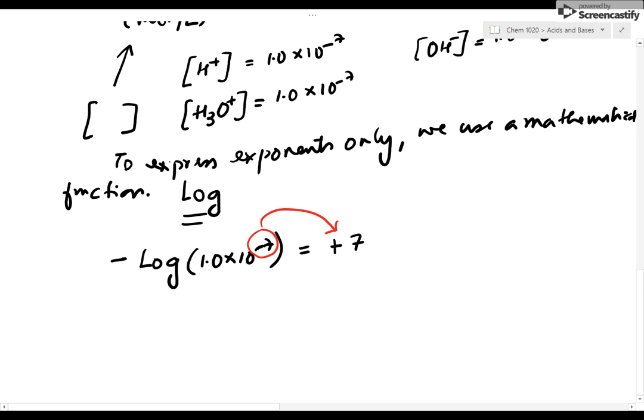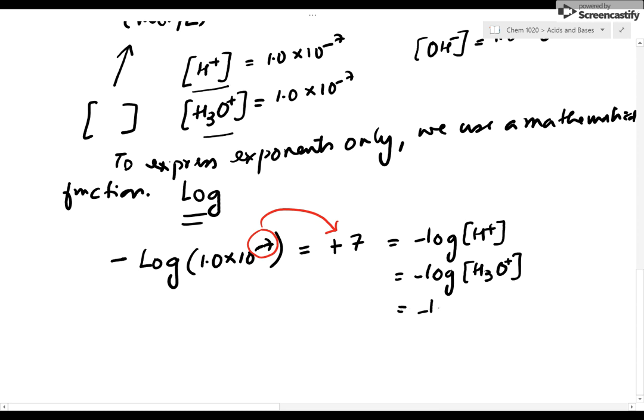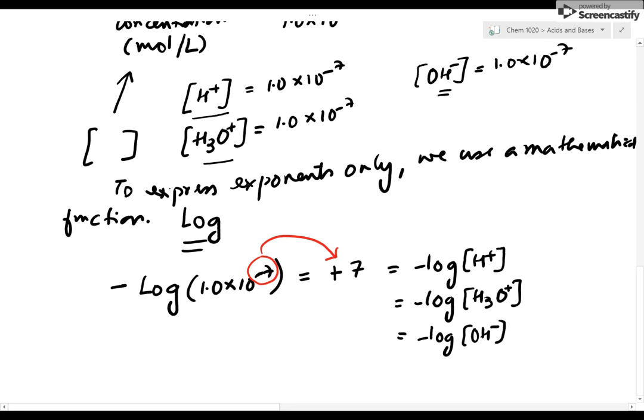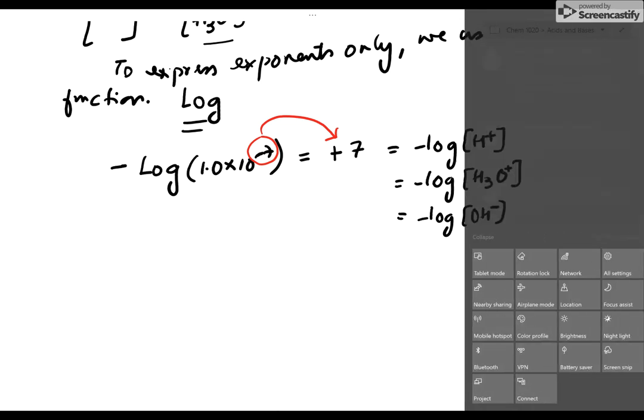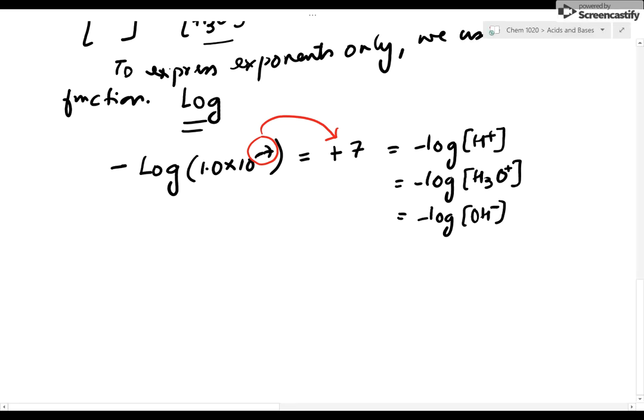And as you can see, that's basically the same as negative log of the H plus ion concentration, which is the same as the negative log of the H3O plus ion concentration, which is the same as the negative log of the OH minus ion concentration. So how does this all make sense from a pH standpoint?